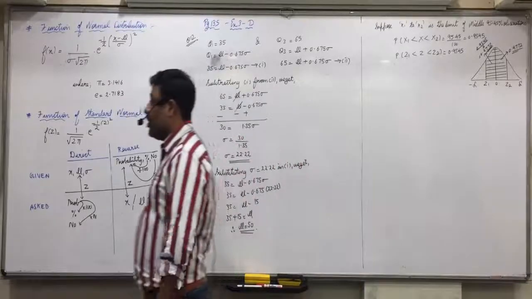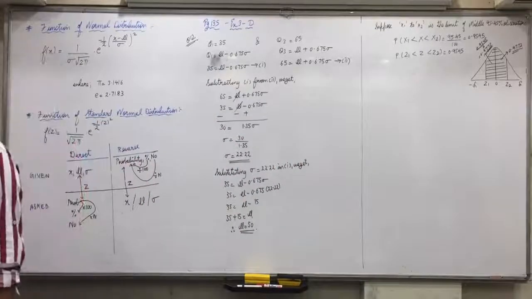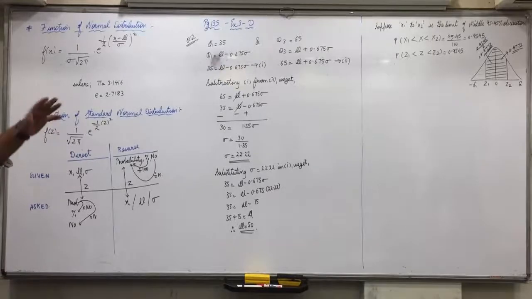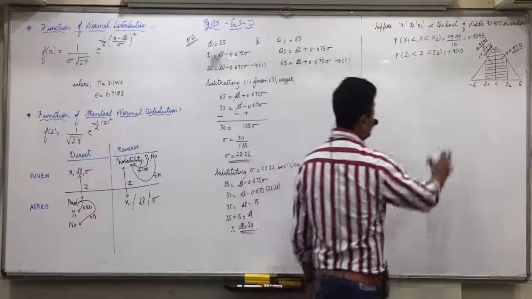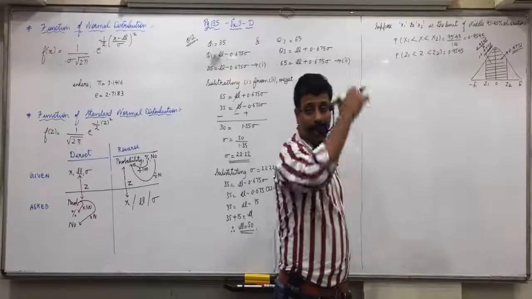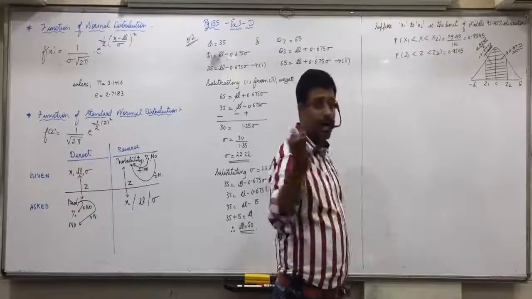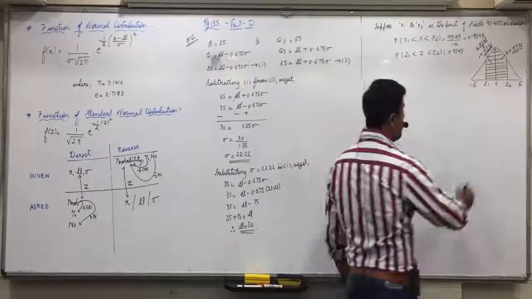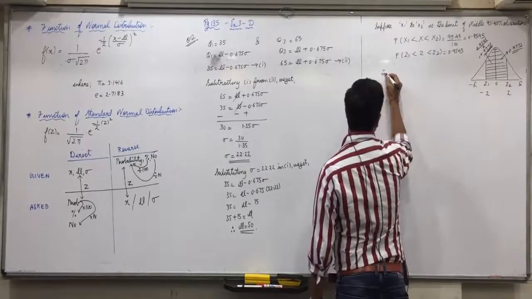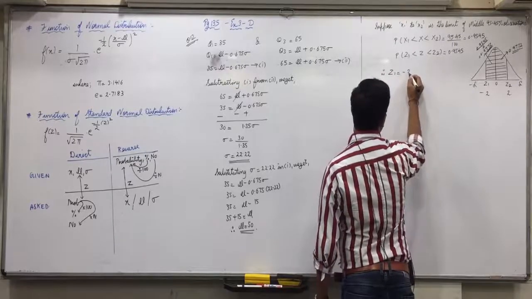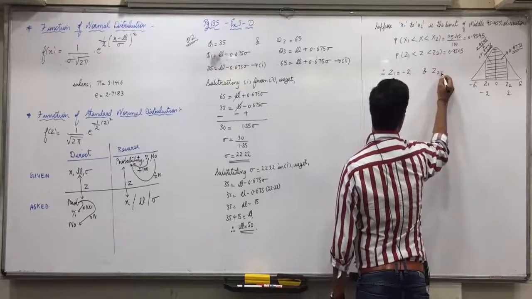Some values you must remember, 0.34134 and 0.4772. So 0.4772 we take. Okay. Now no need of looking at the table because 0.4772 corresponds to 2 directly. Means this is minus 2 and this is 2. So directly you can write Z1 is minus 2 and Z2 is 2.